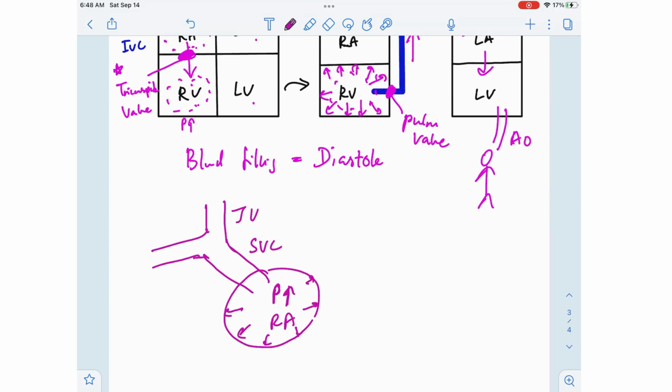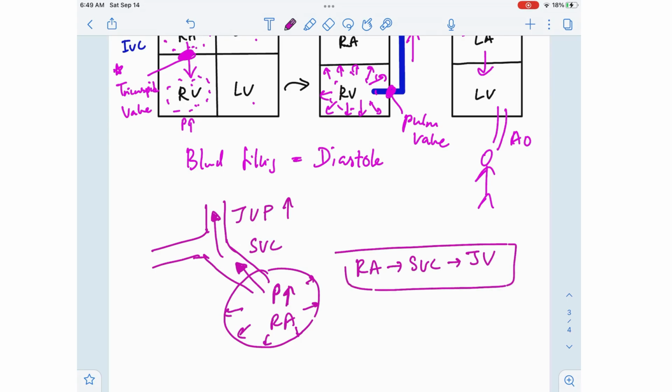When the pressure inside the right atrium increases, this pressure will back up into the superior vena cava and the jugular vein. As a result, when the right atrial pressure increases, your jugular venous pressure will also increase, because this pressure backs up from the right atrium into the superior vena cava and from the superior vena cava into the jugular vein. That's how your jugular venous pressure increases, right? So we can conclude the pressure changes of the heart are reflected in the JVP curve, right?